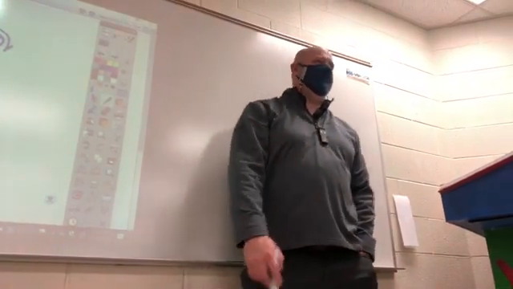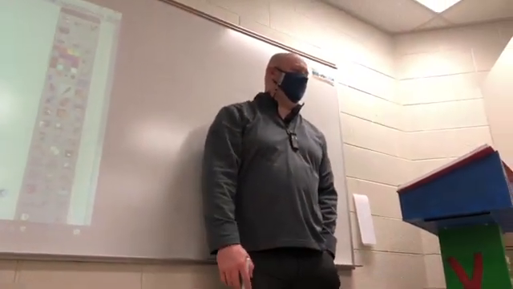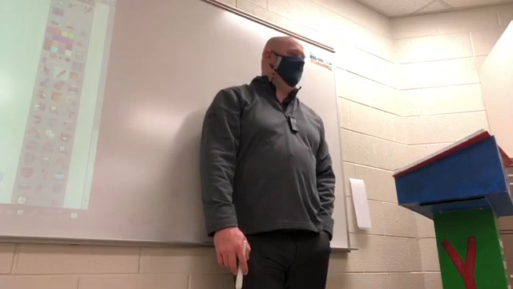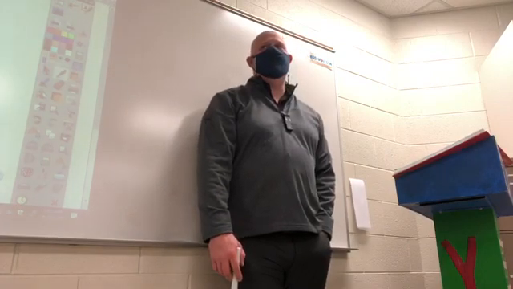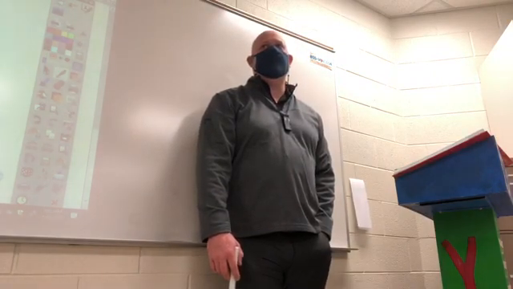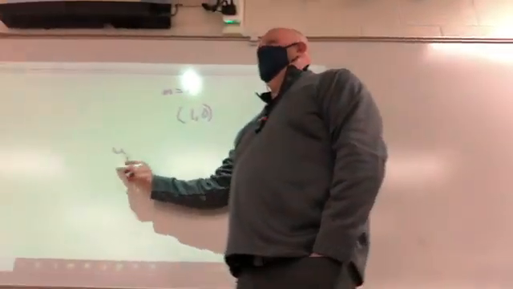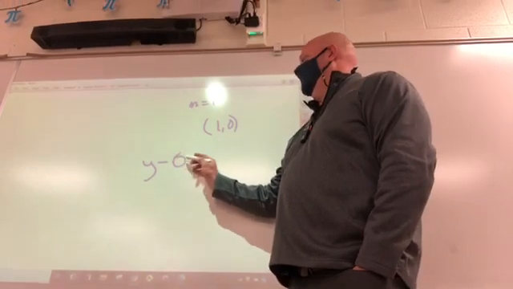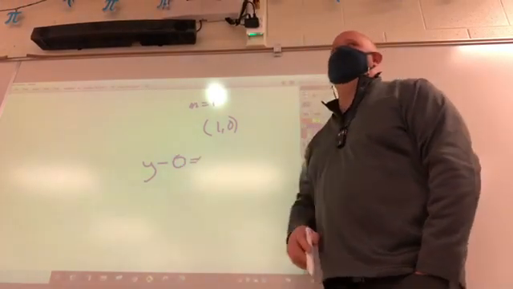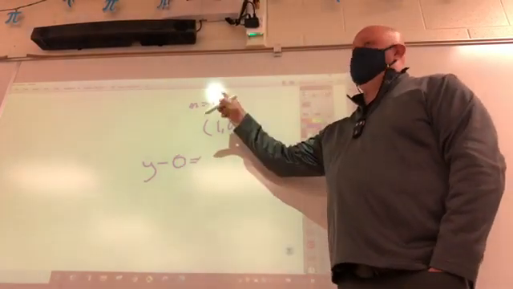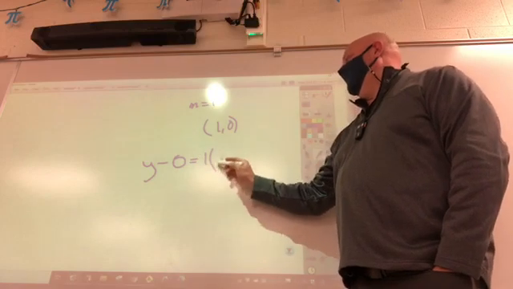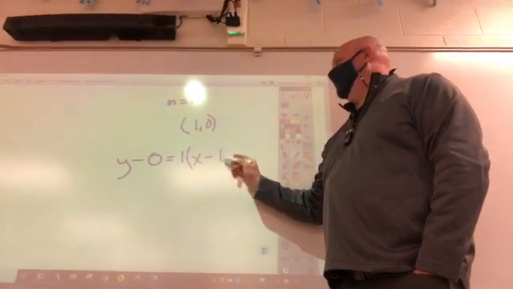Now, this one they want us to draw the graph, but what would the equation be? y minus 0, which technically I guess I don't have to write, equals the slope times x minus 1.